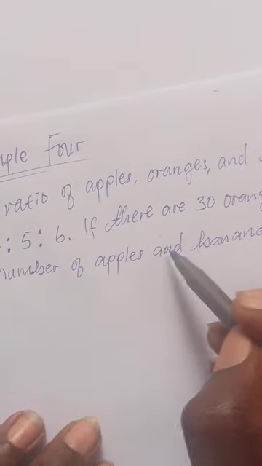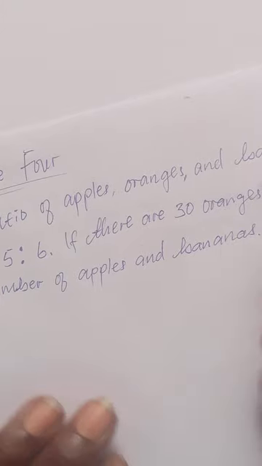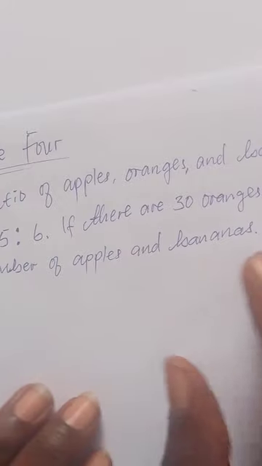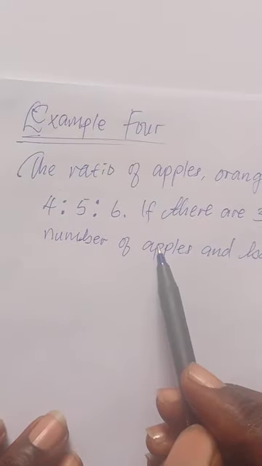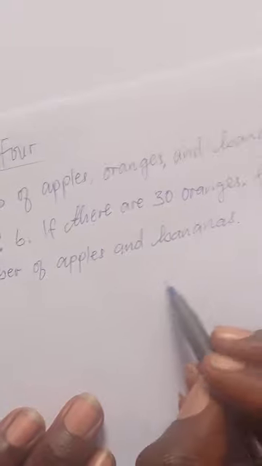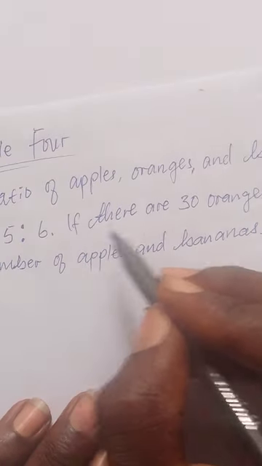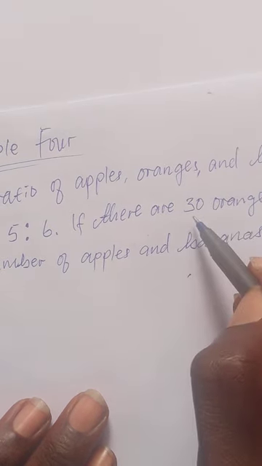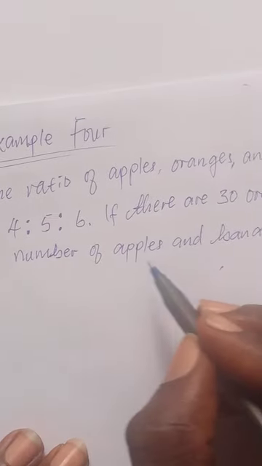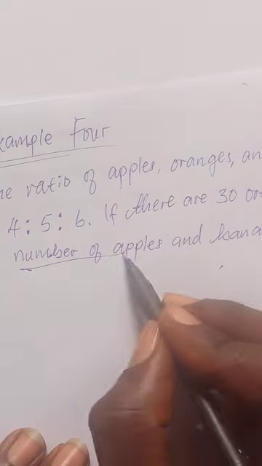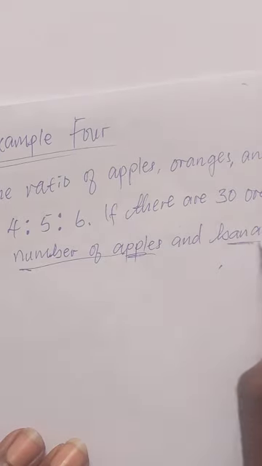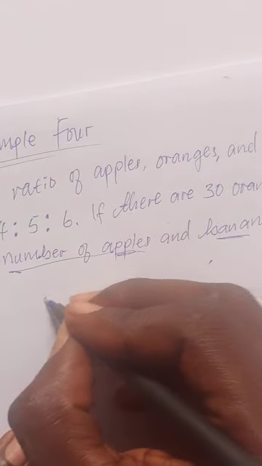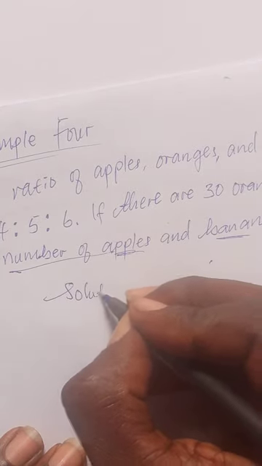Now, if there are 30 oranges, find the number of apples and bananas. You see, we have been given only the number of oranges, which is 30. So our task is to find the number of apples and, sorry, bananas. Okay, so let's get it done. Solution.